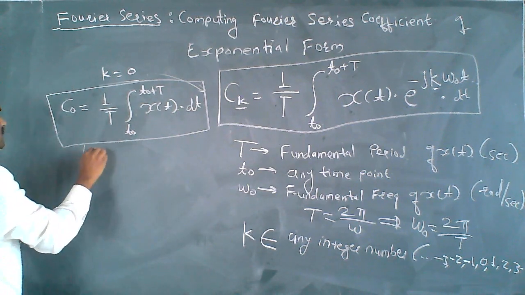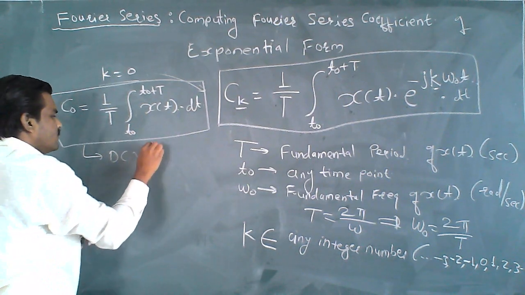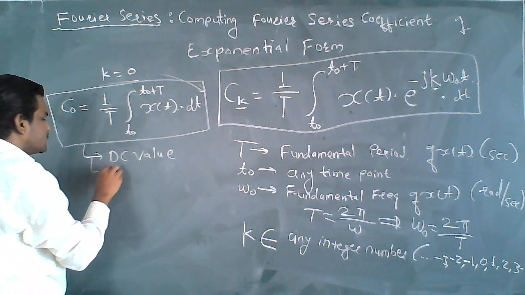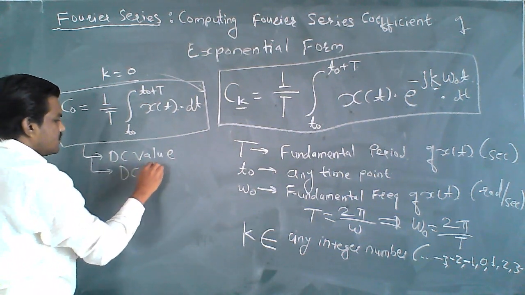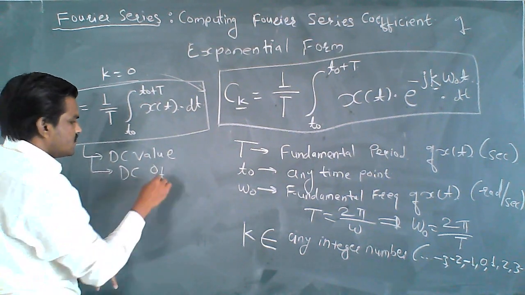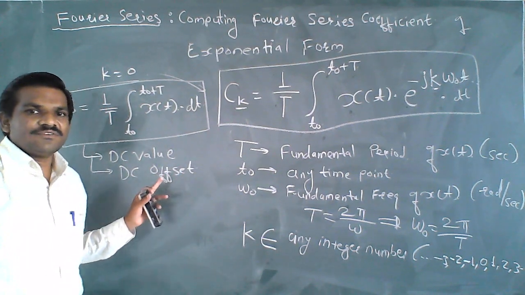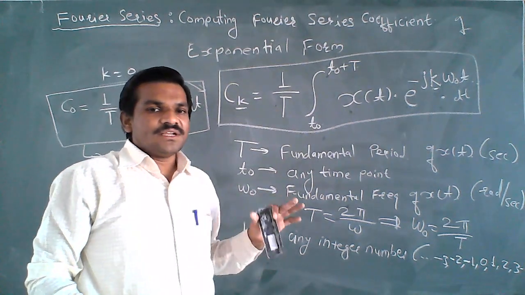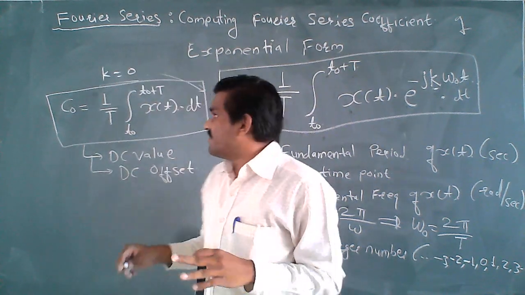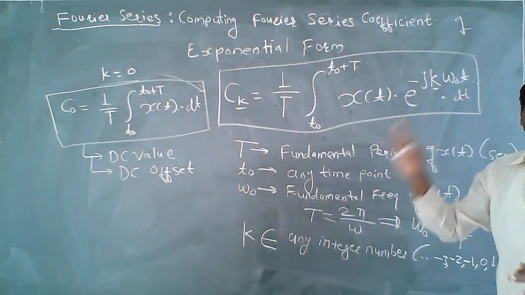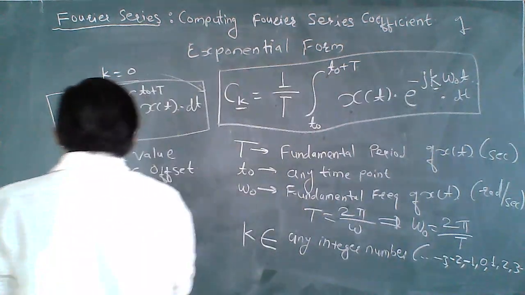Okay, and what is this c0? c0 is nothing but a DC value, or you can say a DC offset, which is nothing but the time average over a period. I will write it here to understand.